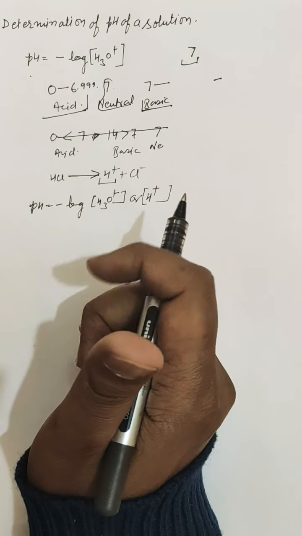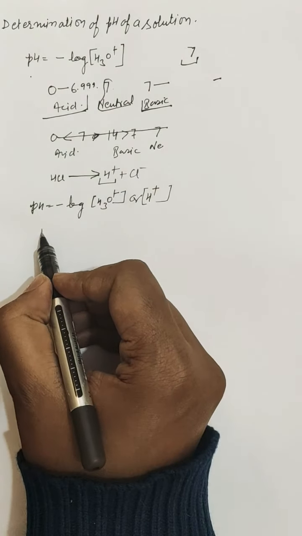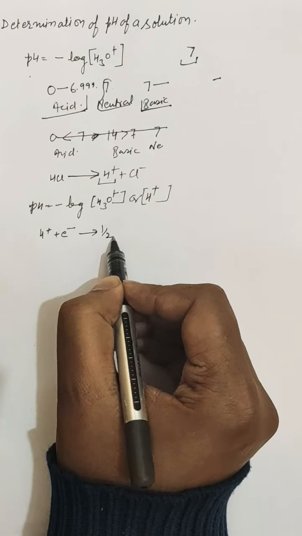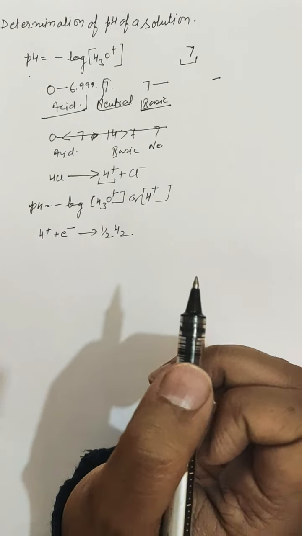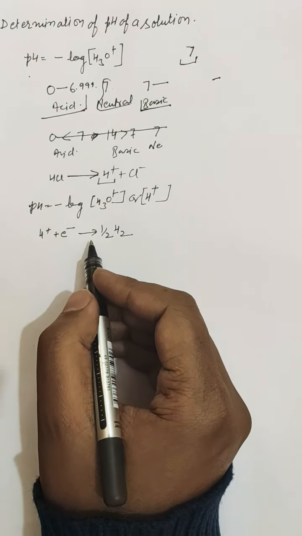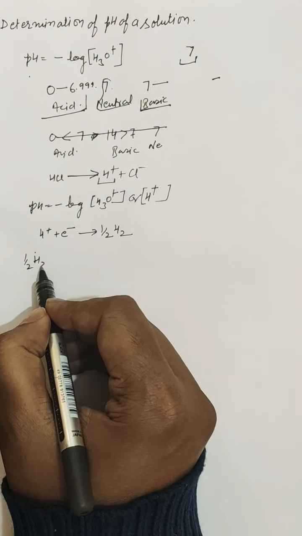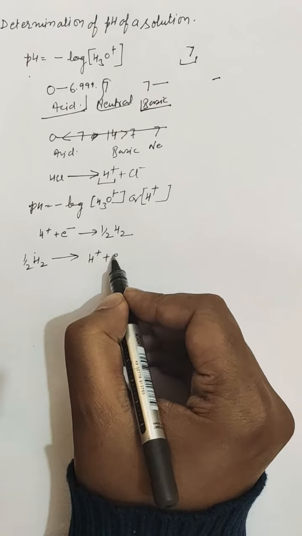You know very well that in a hydrogen electrode there is a reaction which leads to the reduction of proton and results in the formation of hydrogen gas. So this is the reaction for this particular hydrogen electrode, and in the oxidation reaction H2 gas will be oxidized to proton plus electron.